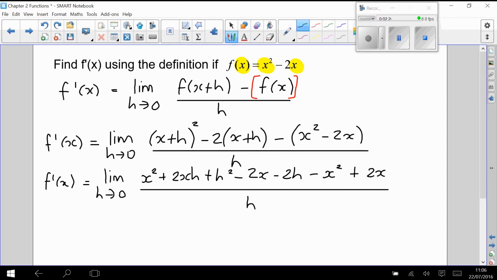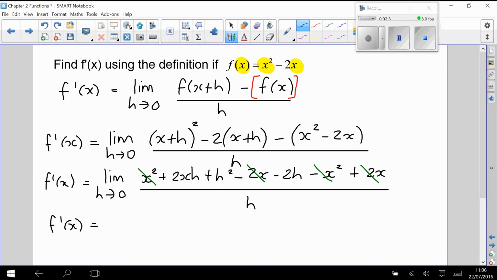Now you can see that there's some terms that I can add. If I take x squared and I add minus x squared, they add up to 0, as do minus 2x and 2x.